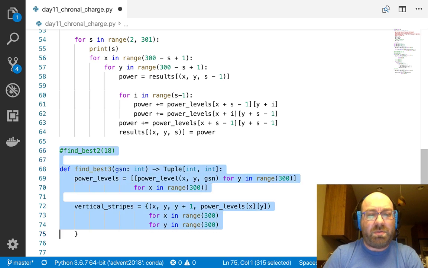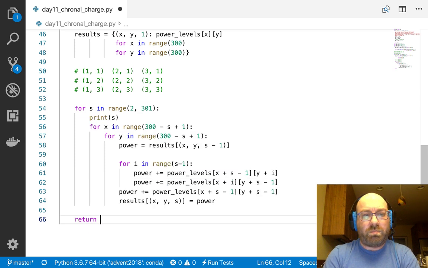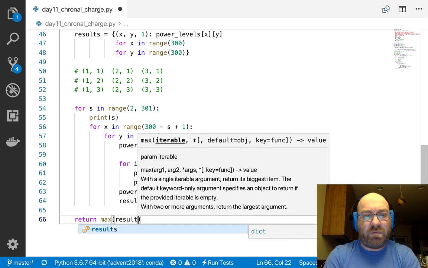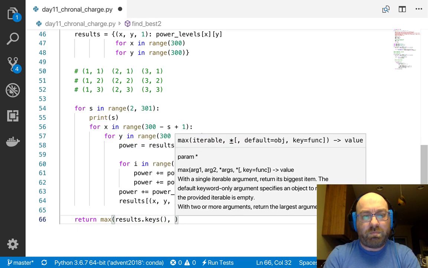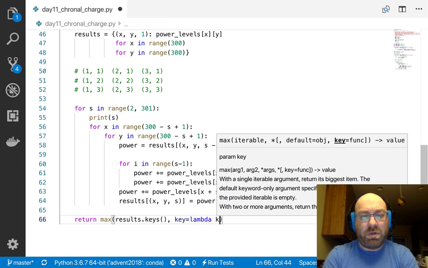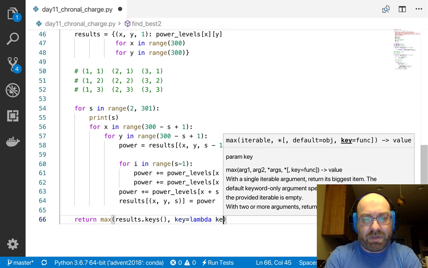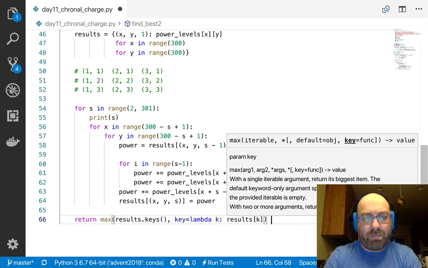All right, you know what? I'm just going to run this again, and then I want to return max of results.keys, key equals lambda k, results k.